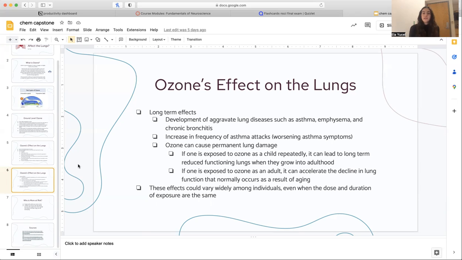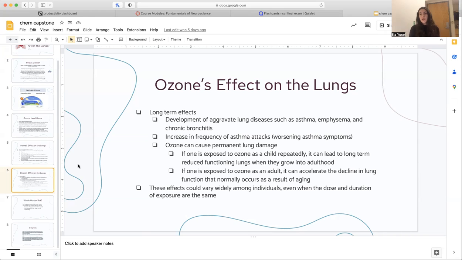These effects can vary widely among different individuals because everyone lives in a different environment. Some people might live in a more urban or warmer environment, which makes the effect worse. Some people might live in a rural, colder environment, which could reduce the effects.